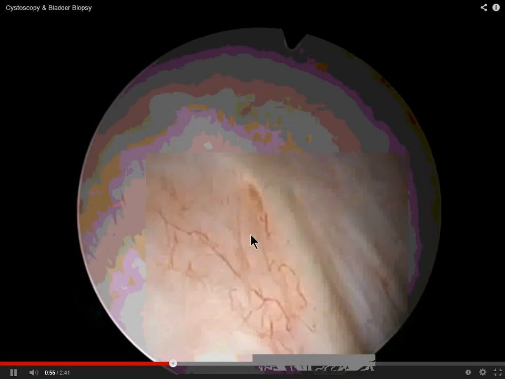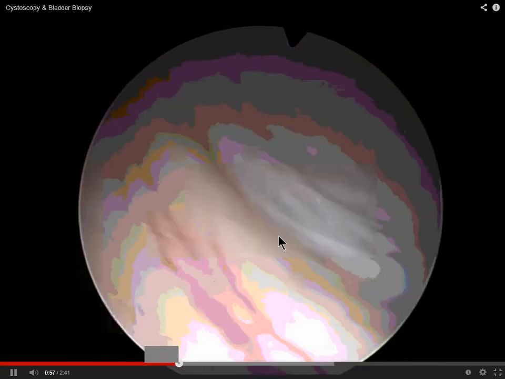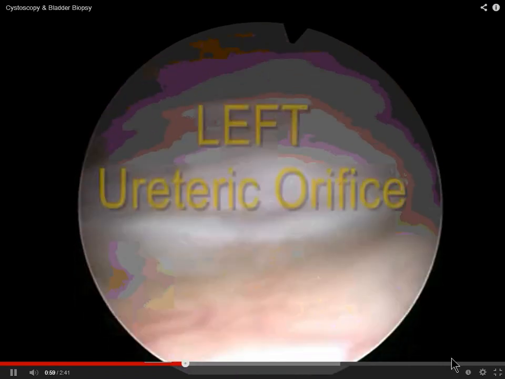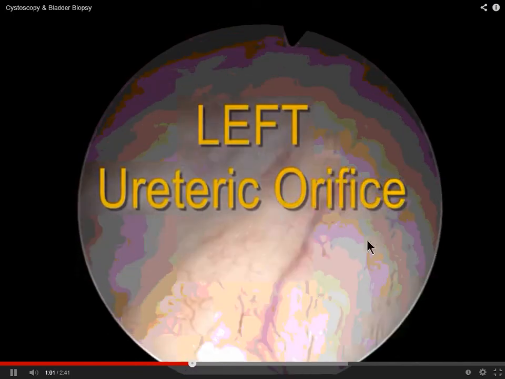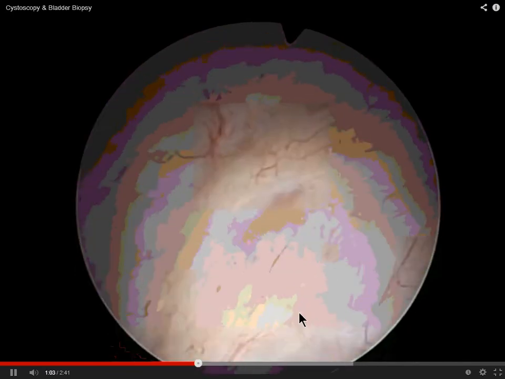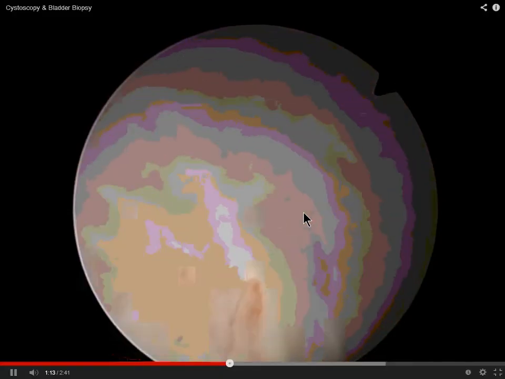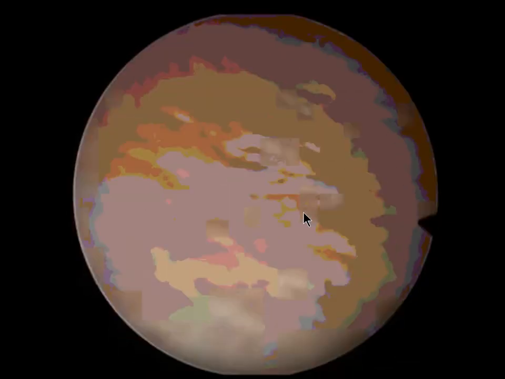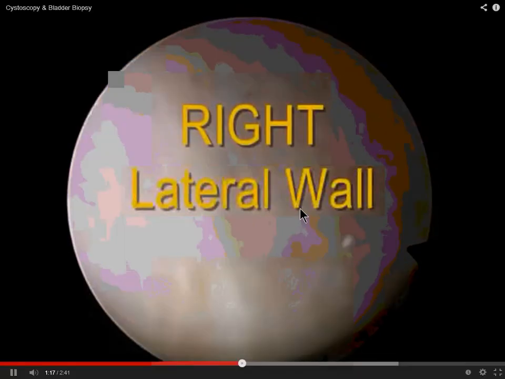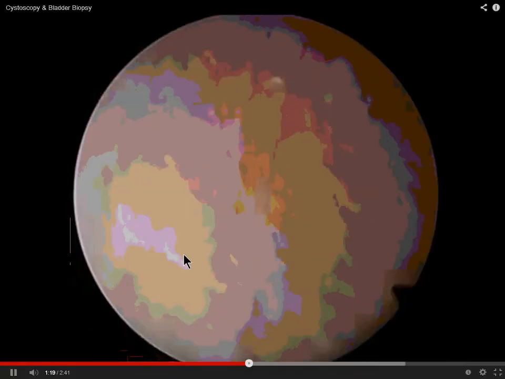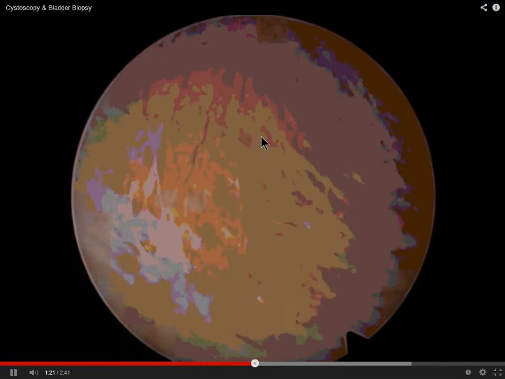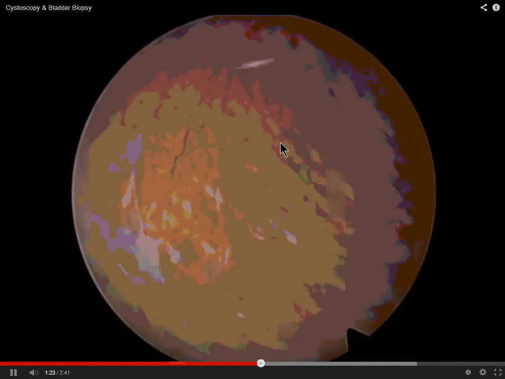So look at this tiny orifice on this side. This is the trigone. Another tiny orifice there. And these are the rugae you can see in the bladder. The rest of it is just showing you the wall, and sometimes you'll have little things in it.